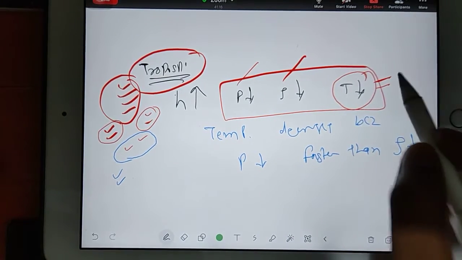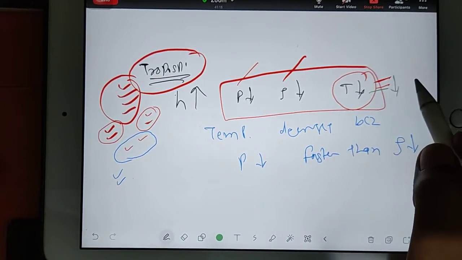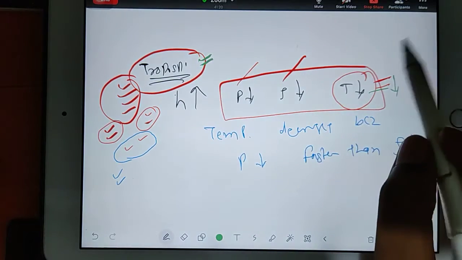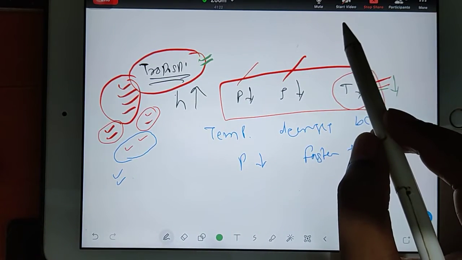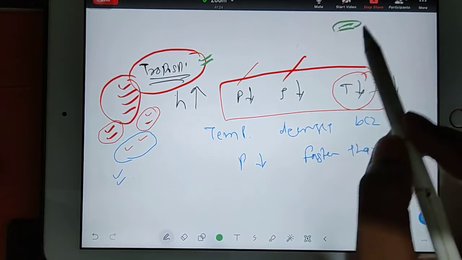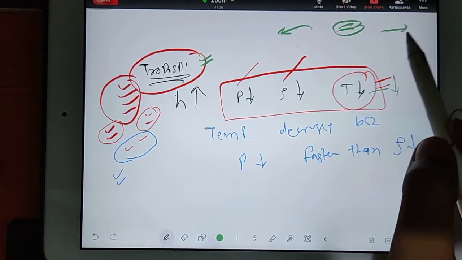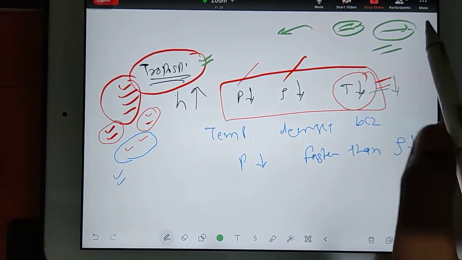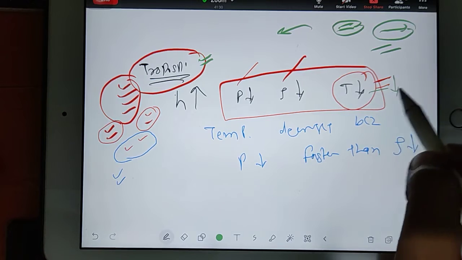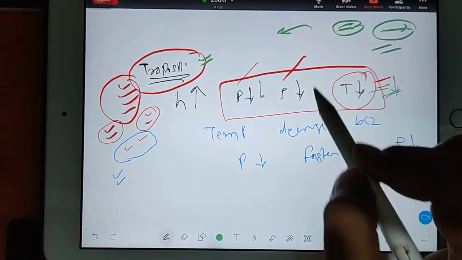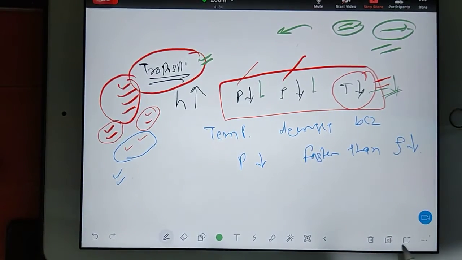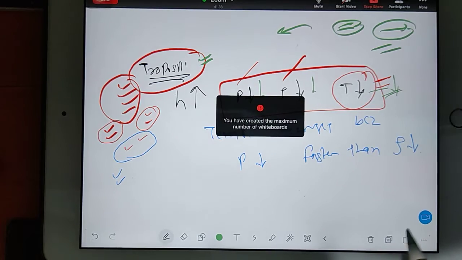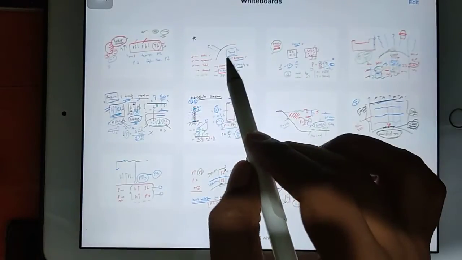So this is the theory. Temperature will decrease in troposphere. So you don't have to focus more on the mathematical part now. Whatever I have explained mathematically, you don't have to bother about that. You just go with the logic like this. All three are decreasing in troposphere. Then we will go for the second one.